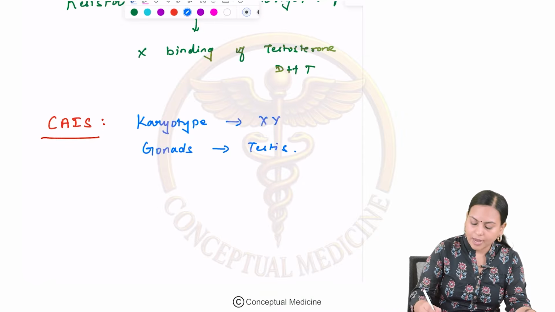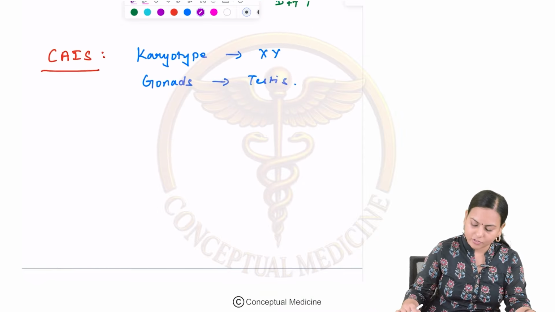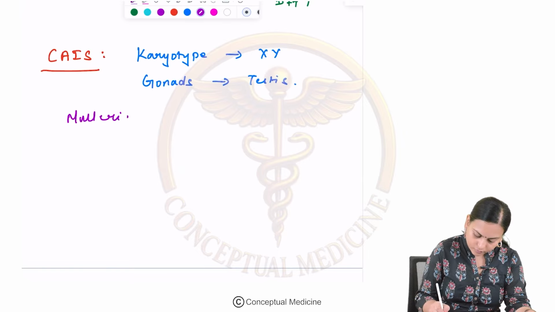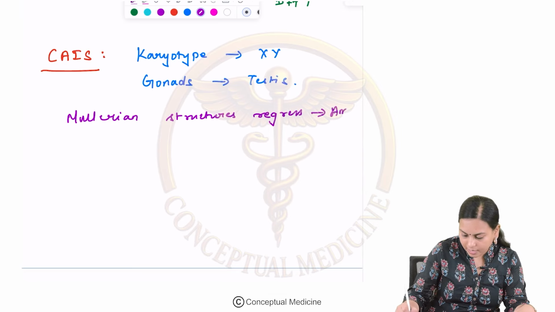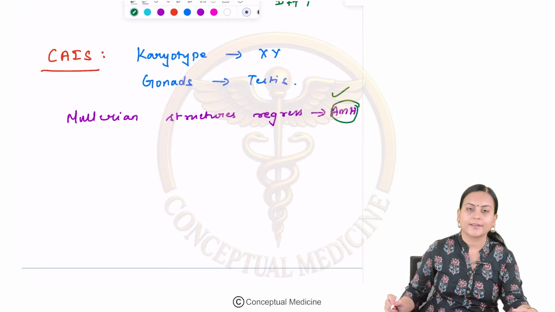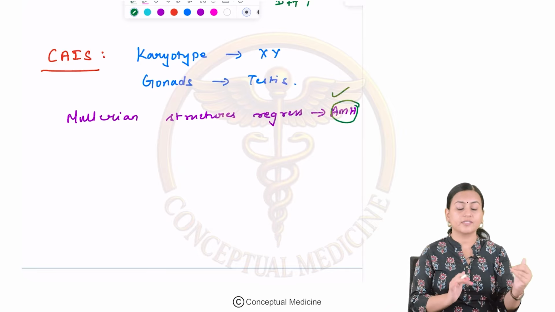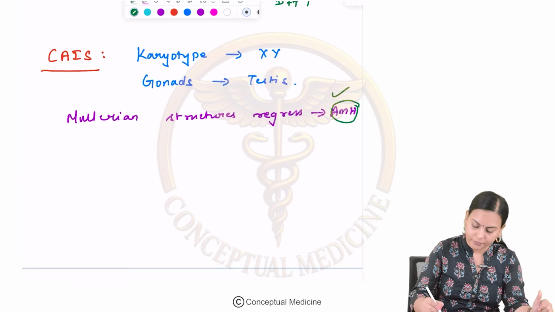Okay. So, what happens here? The Müllerian structures regress because AMH hormone is acting. So under the action of anti-Müllerian hormone, Müllerian structures are going to regress. Clear?